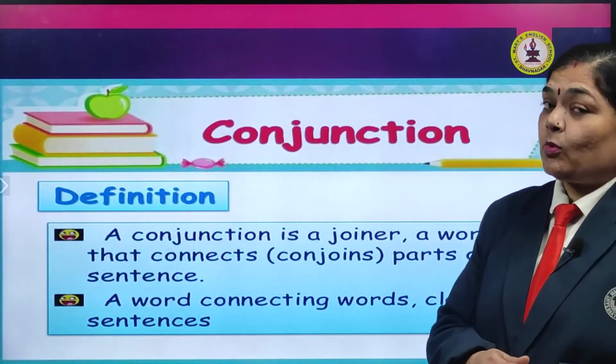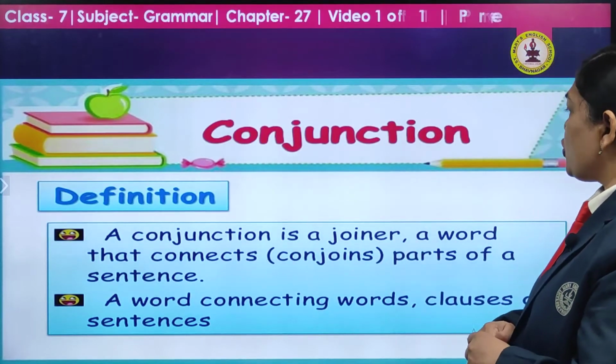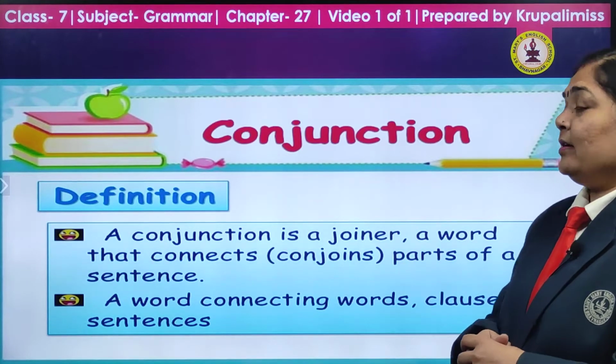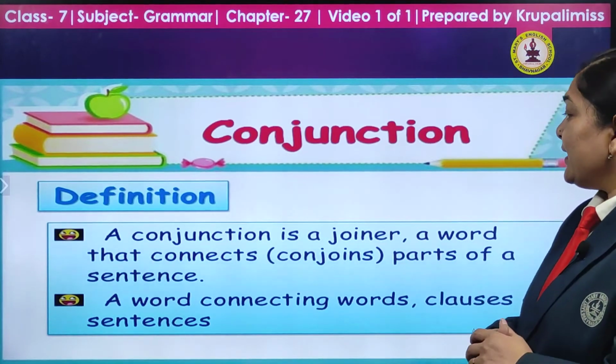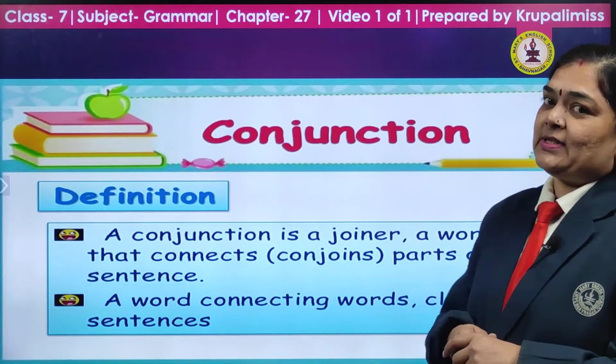First of all, let us learn the definition of a conjunction, right? A conjunction is a joiner. It is a single word that connects, that is, conjoins, parts of a sentence.